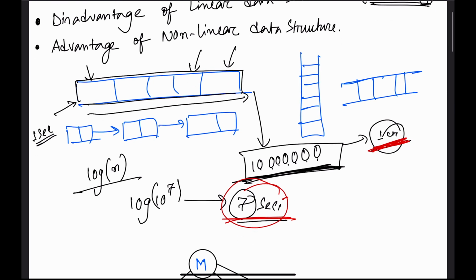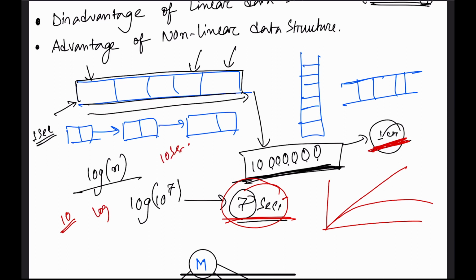We can make a graph of it: if linear is this, log n is like this. When the number is 10, it is going to take 10 seconds, and log of 10 takes 1 second, a difference of 9. But here 1 crore and 7 seconds. So the difference is much bigger when the number of data is very large.